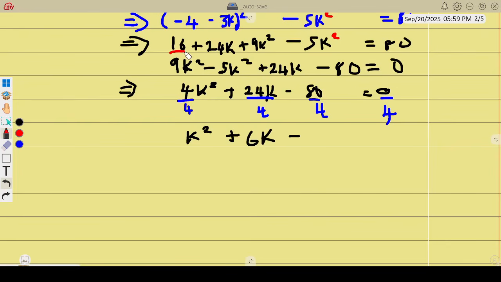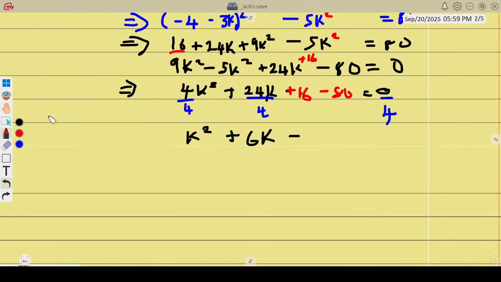Remember we have 16 here, but I forgot to write it. Plus 16. Even before this, I was supposed to say I have a positive 16. So positive 16, and then that's when we bring in negative 80.